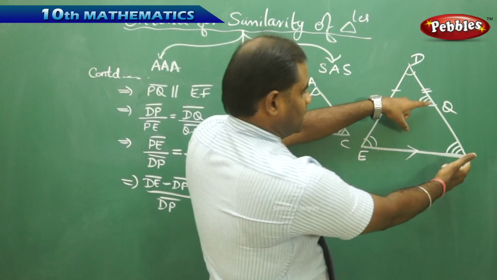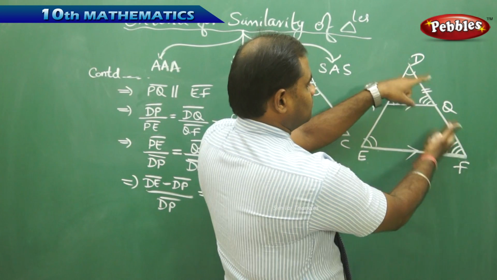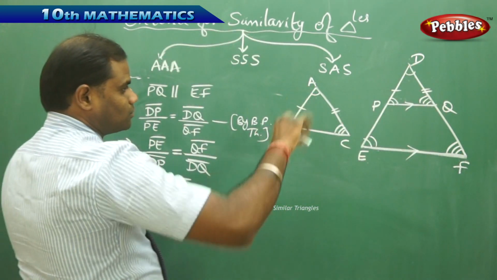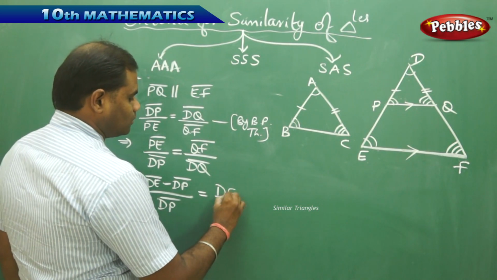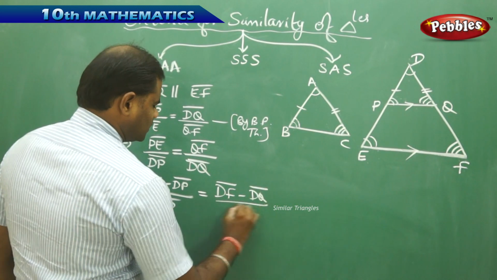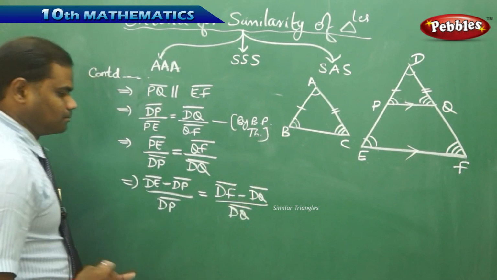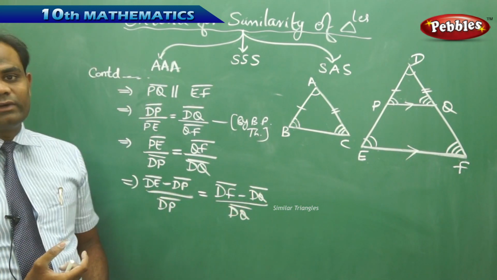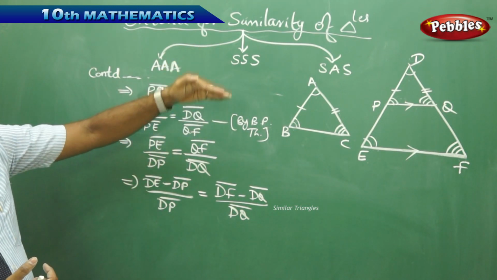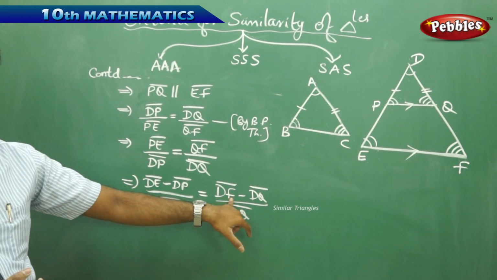Similarly, my QF is the whole of DF minus DQ. Therefore, QF is substituted with DF minus DQ, by DQ. I get this and this respectively.